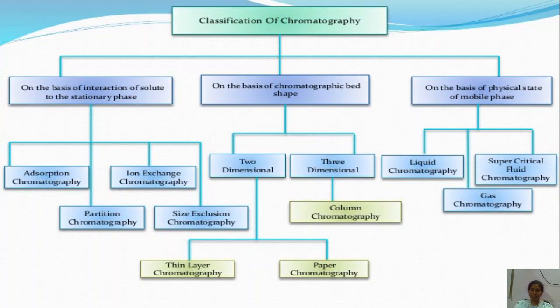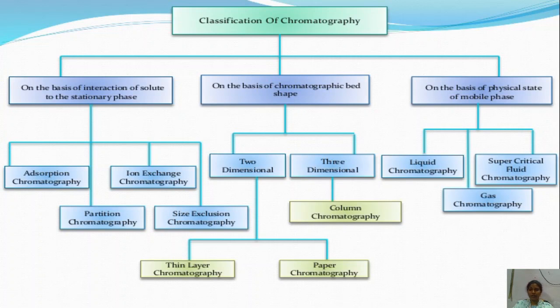If you move on to the next type of classification, this classification is based on the physical state of the mobile phase. Either the mobile phase is a liquid, or a gas. Depending upon the physical state of the mobile phase, the chromatography technique is classified into three types: liquid chromatography, supercritical fluid chromatography, and gas chromatography.